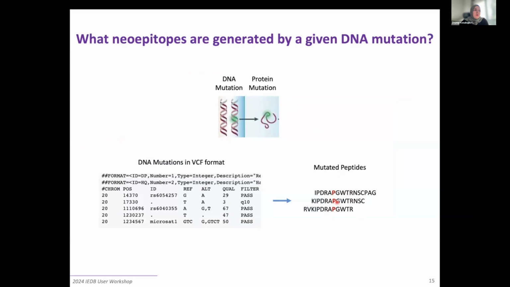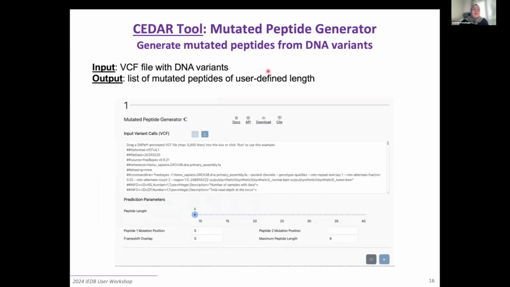So researchers often have their list of DNA mutations in the form of a VCF file that they got from their genome or exome sequencing. But what they are actually often interested in is the list of the mutated peptides. So we developed a tool to answer exactly this, and we named the tool Mutated Peptide Generator.